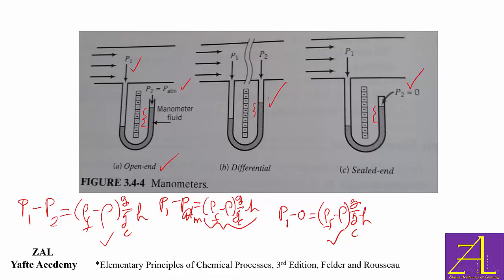So as you see, we can read gauge pressure, we can read absolute pressure or differential pressure depending on different cases of connecting the manometer to a pipe.